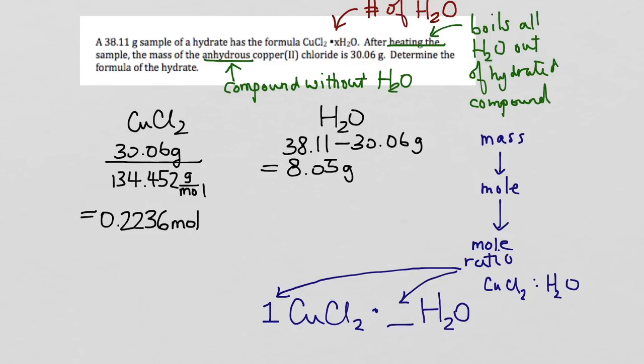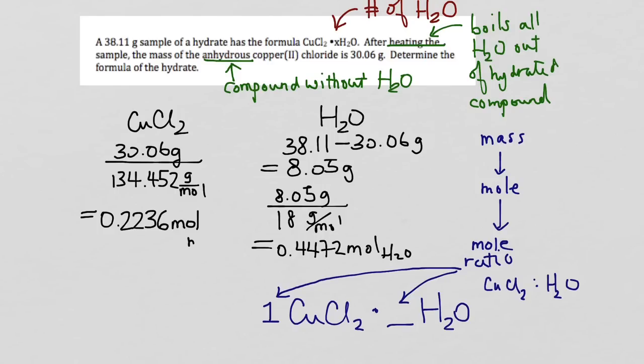So you subtract the two, the difference is the water that got boiled off. So now we can take 8.05 grams divided by 18 grams per mole. And that gives us 0.4472 moles. This is moles of water, and this is moles of copper 2 chloride.